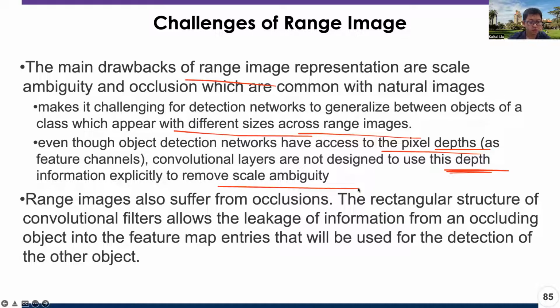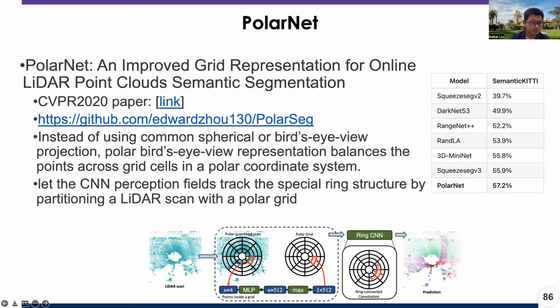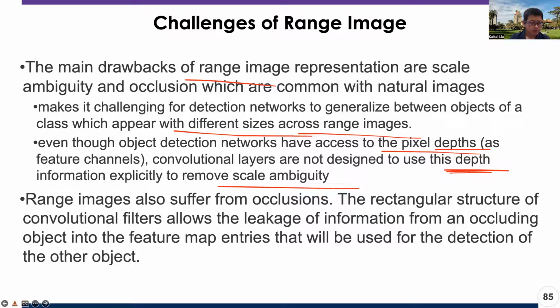Because in 3D you project onto one plane, the scale really changes. You have this scale ambiguity in 2D. And the range image also suffers from occlusion, because potentially some of the similar points can project into the same locations.